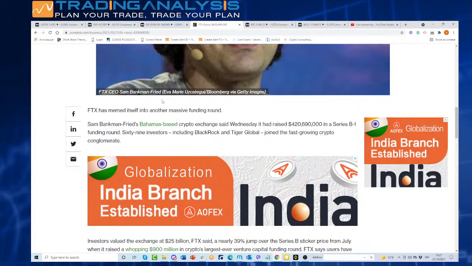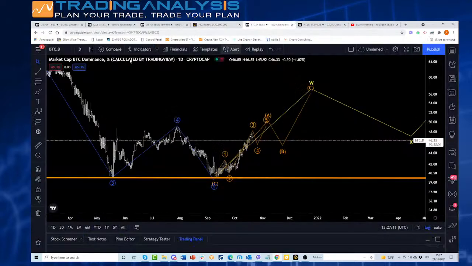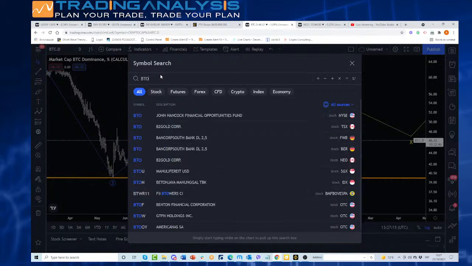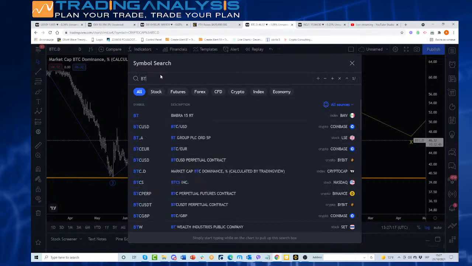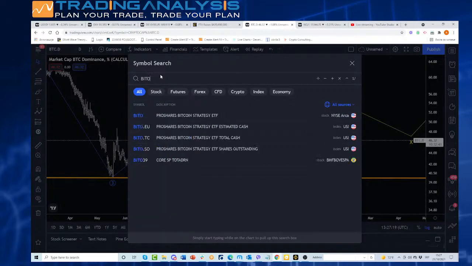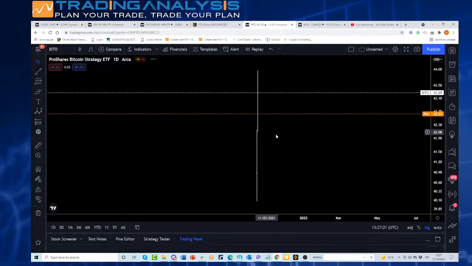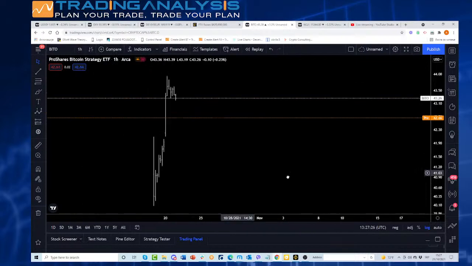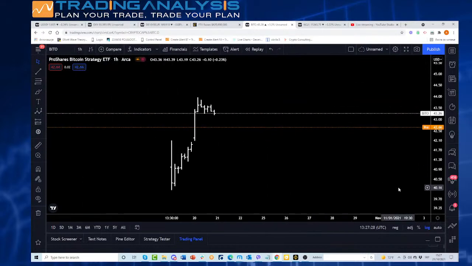We have also seen a new crypto ETF, which is a significant event. I think it's BITO, the ProShares Bitcoin Strategy ETF, which means that now everybody who is involved in stocks and trades on different platforms can have exposure to Bitcoin without having wallets or accounts with crypto exchanges.